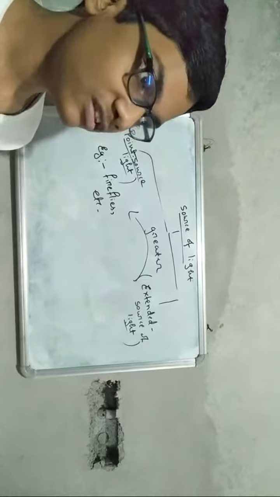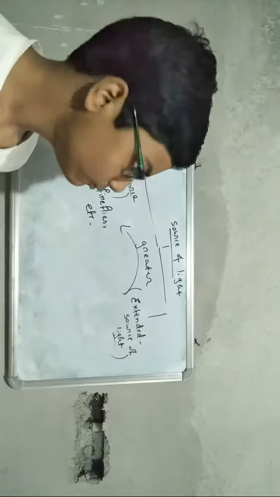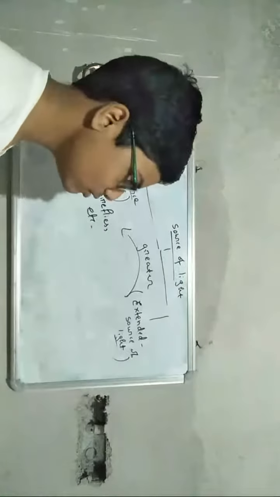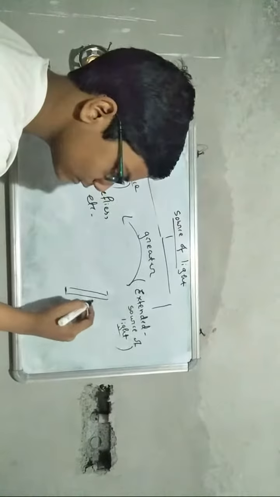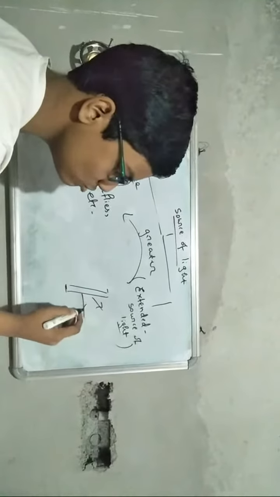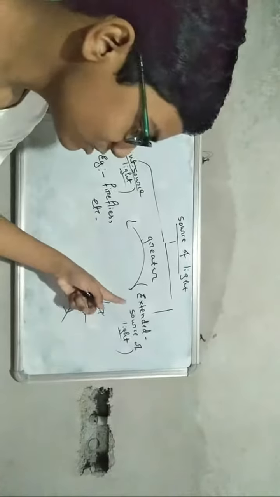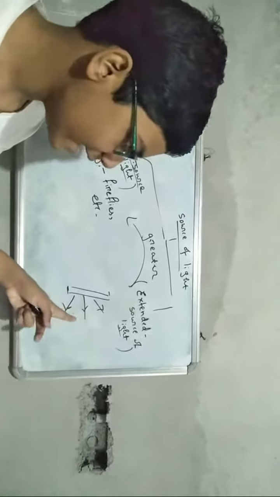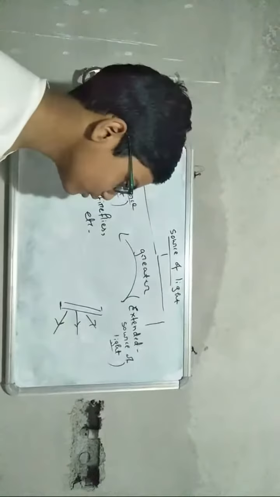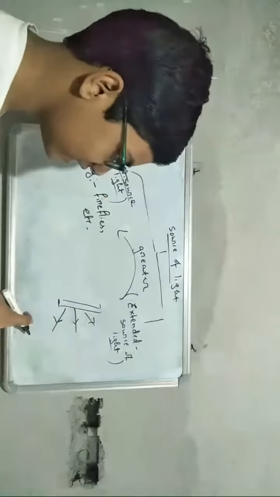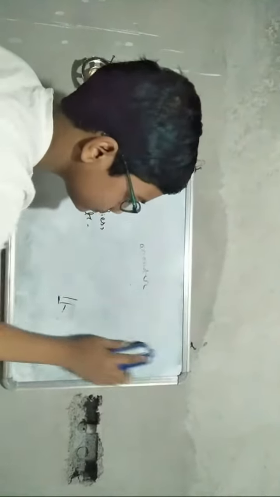Now if we see a halogen tube, it is also an extended source of light because it is greater than a point source. I am drawing a diagram. It is a halogen tube. These are light rays coming. These are all extended sources of light. Now I have drawn these light rays freehand. If you draw the light rays freehand, no marks will be given by your teacher. You have to draw with a scale only. So the source of light is also completed.